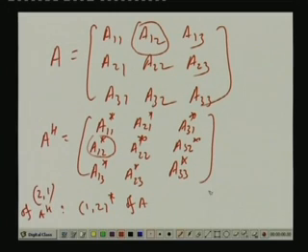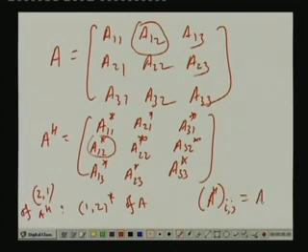That means AH, this matrix, its ijth element is nothing but the matrix A's jith element star. This is the Hermitian transposition. Okay.